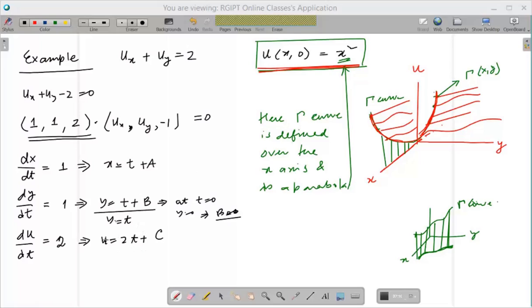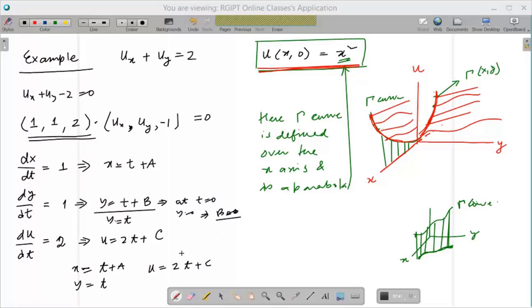Now I also know that at t equal to 0, u is going to be equal to x squared.